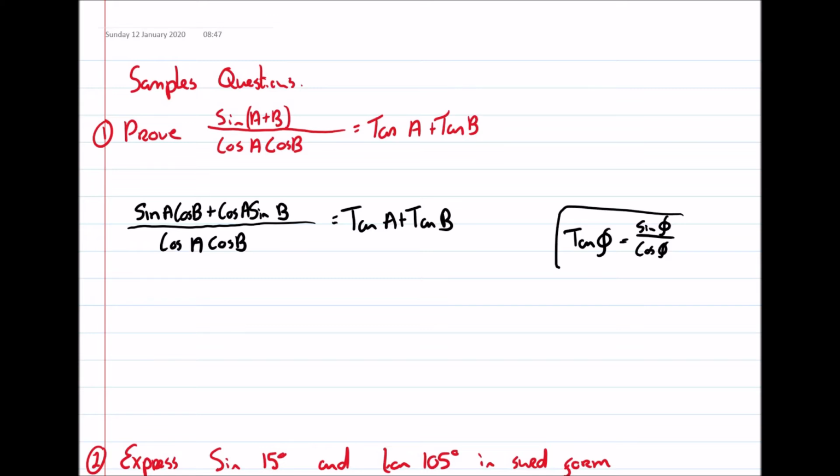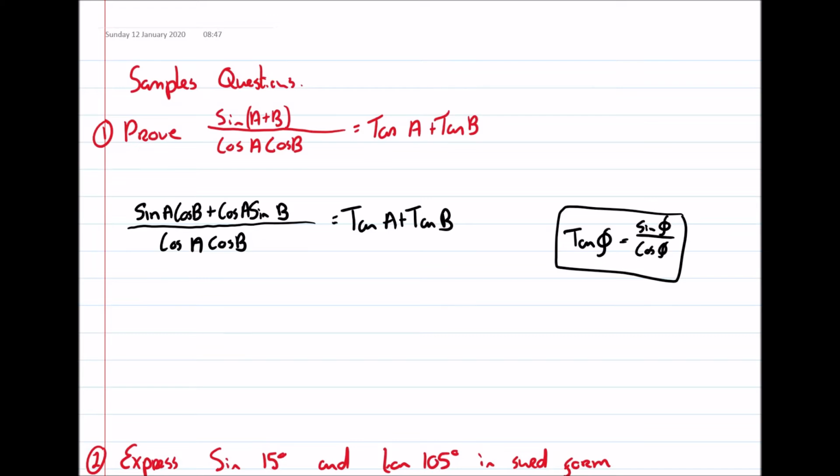We know that from our logbooks too, on page 13. So if I can get parts of it to look like sine A over cos A, well then I can say that that equals tan A. Okay, so that's my logic here.